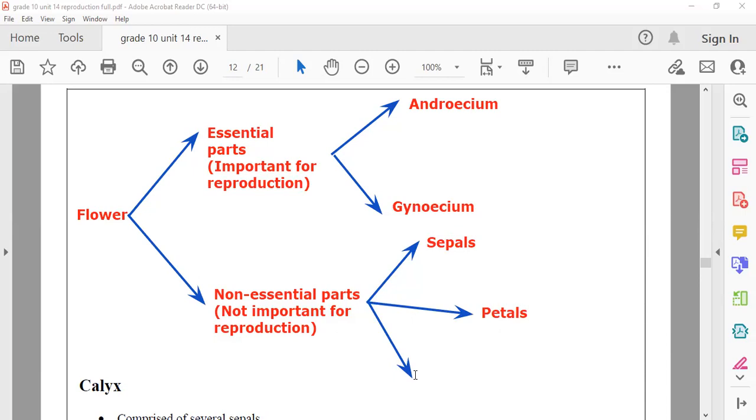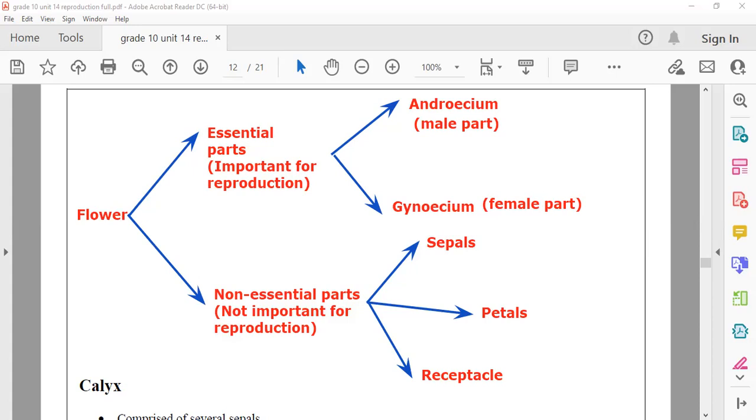Not important means they don't have direct involvement in reproduction. Androecium is the male part of the flower. Gynoecium is the female part of the flower. So you have to mark this chart thereafter.